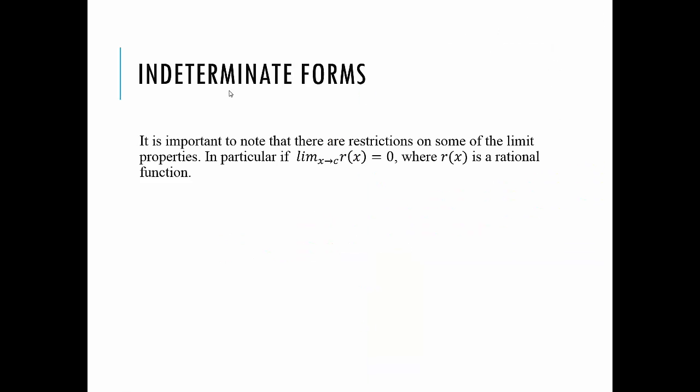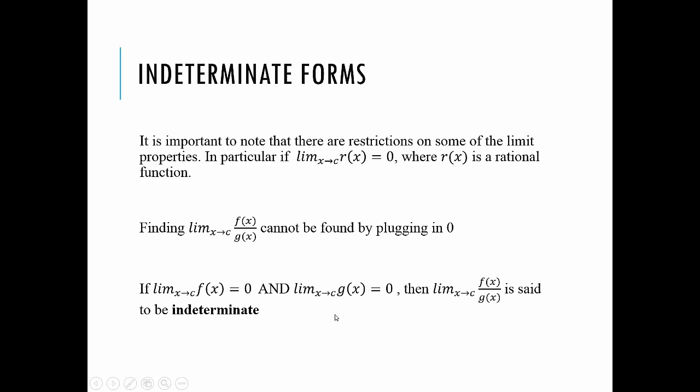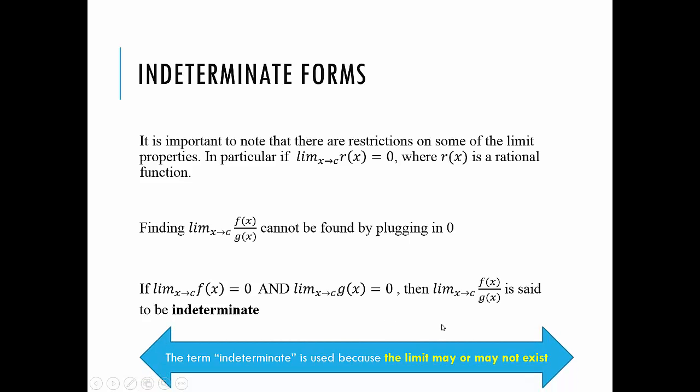All right, so let's look at what are called indeterminate forms. It is important to note that there are restrictions on some of the limit properties. For example, if we have this limit with our rational and we get a 0, then we might have some kind of issue going on. Here, I can't just plug in 0 into the top and the bottom, because I end up getting 0 over 0, and this is what's called indeterminate.